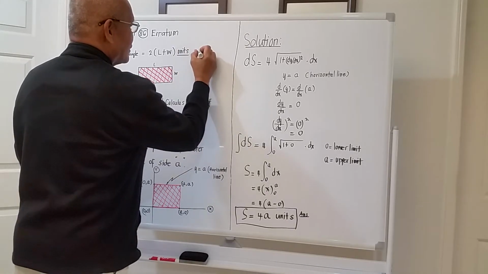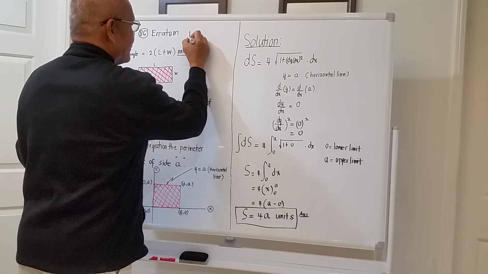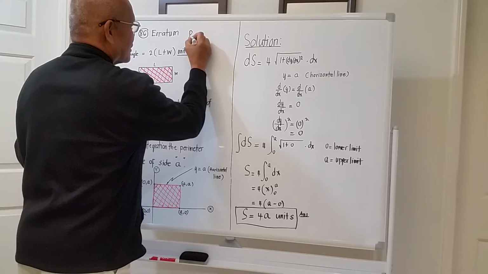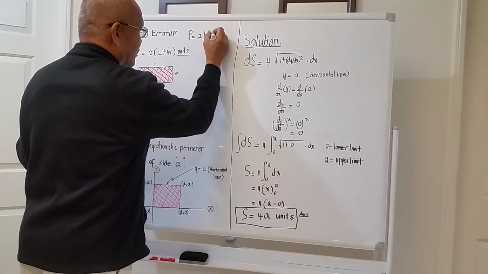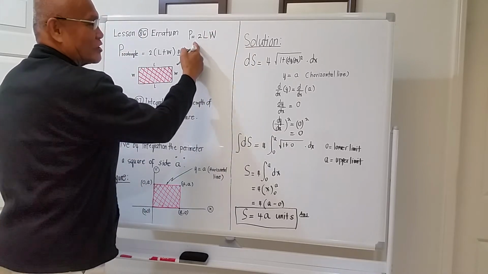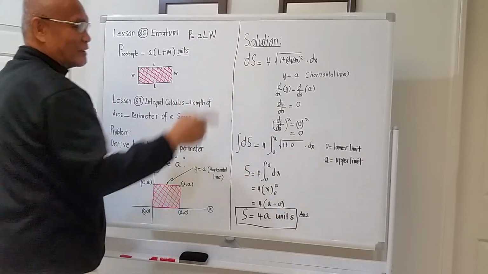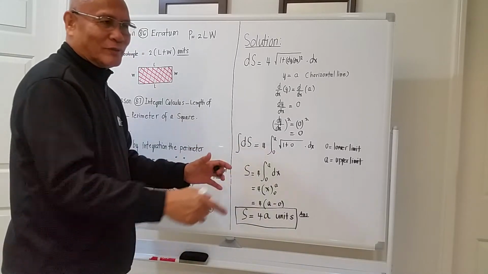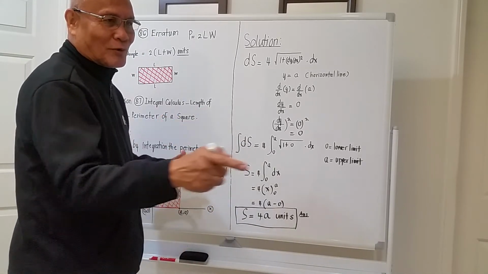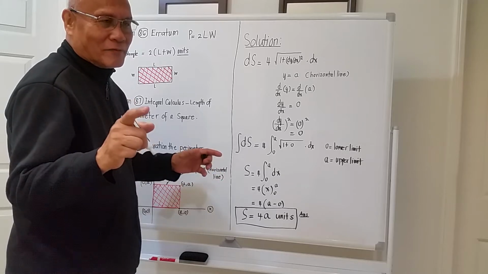What I wrote yesterday was that the perimeter for a rectangle as a final answer is just 2 times length times width. This is wrong. I miswrote it. If you try to figure out my solution, it's only on the last portion that I made a mistake.